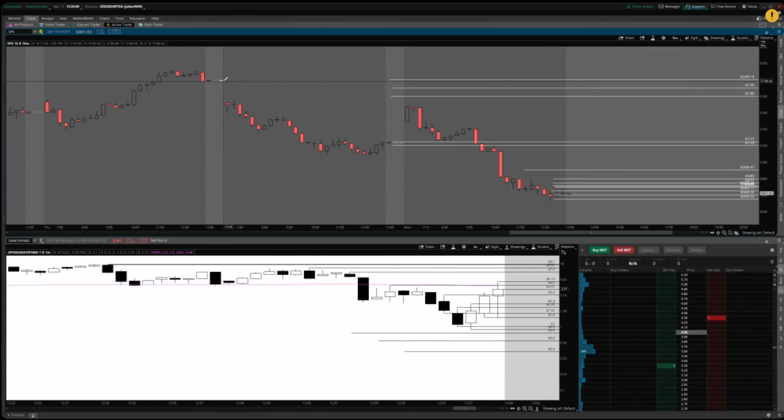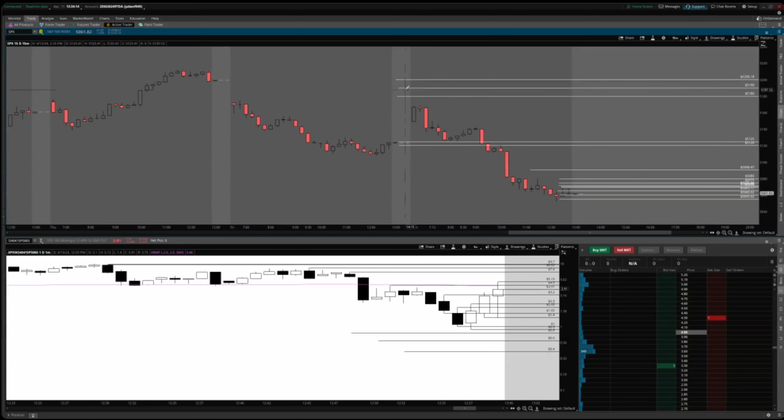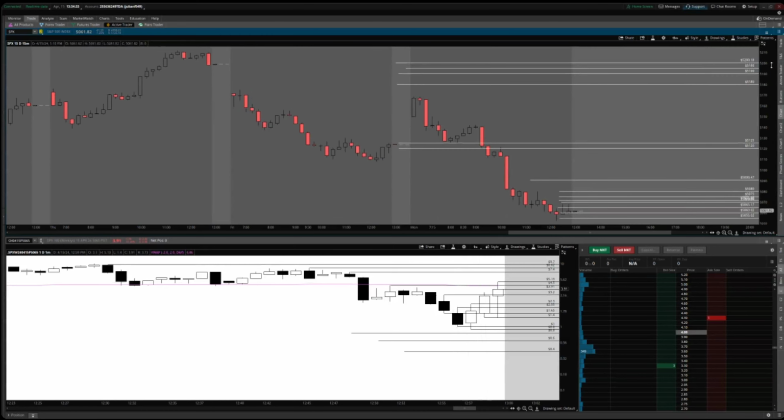And that area is 5198. So I actually had 5195 and 200 as an area that I'd be looking for.